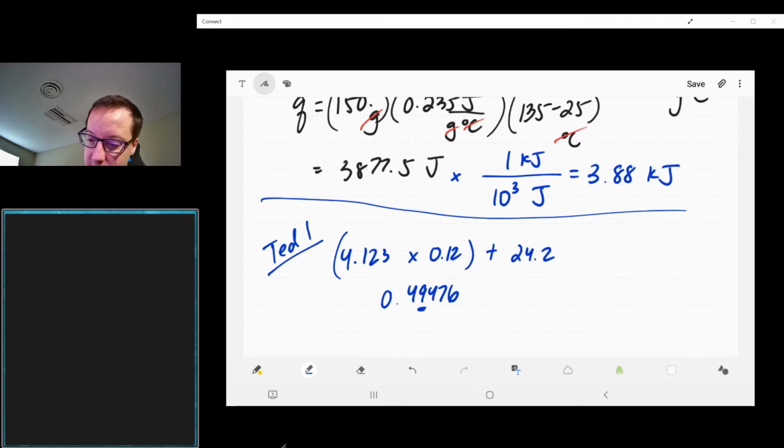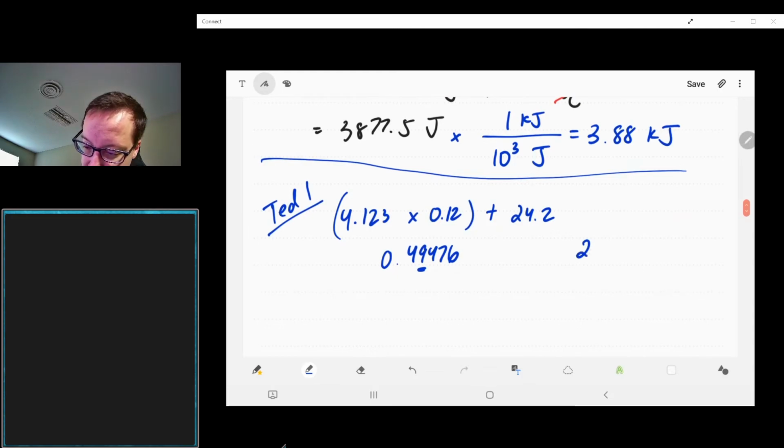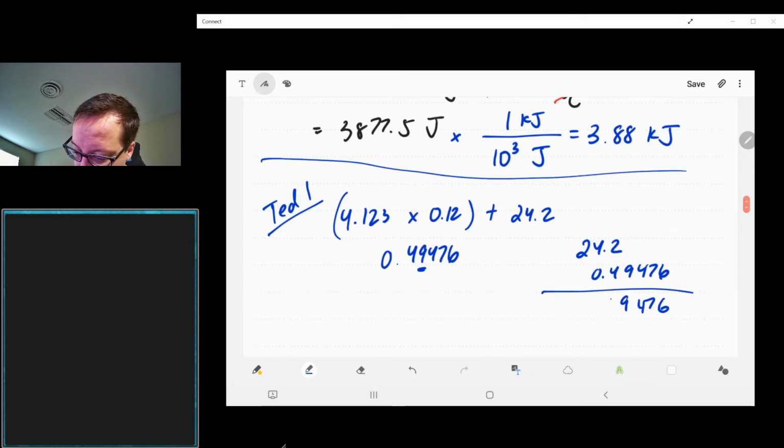So let's go ahead and do our addition. 24.2 plus 0.49476. If we do that, notice, remember when we're adding, we have to look at where the significance is. So we're comparing these two. Remember, the 9 is where that number is significant, the second number.